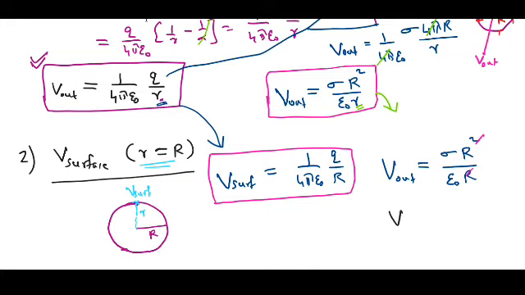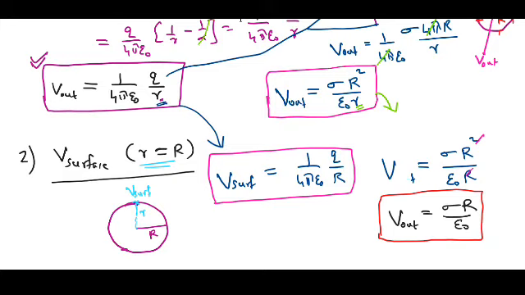Therefore, V can be written as sigma R divided by epsilon 0. This is another representation of the electric potential. This is not outside, this is at the surface. Sorry, this also should be at the surface.